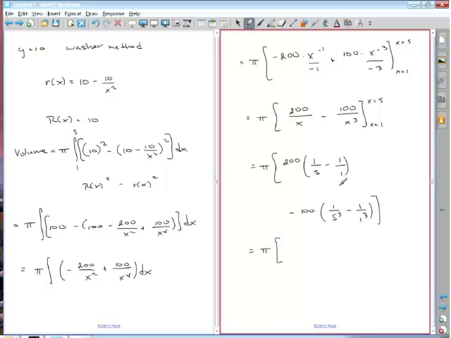Okay, so here we'll have 1/5 minus 5/5, so we'll have negative 4/5. So negative 4/5 times 200 would be negative 800 fifths.